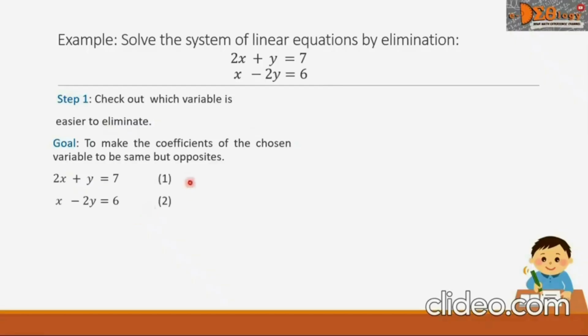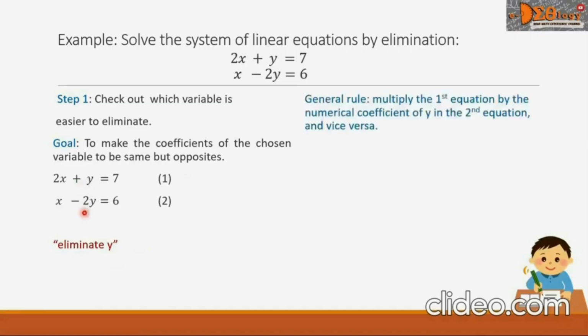Let us name them to be first equation and second equation. As for our discussion, I would like to eliminate y for the reason that they are already opposite signs. However, they have different coefficients. So let us do some manipulation.